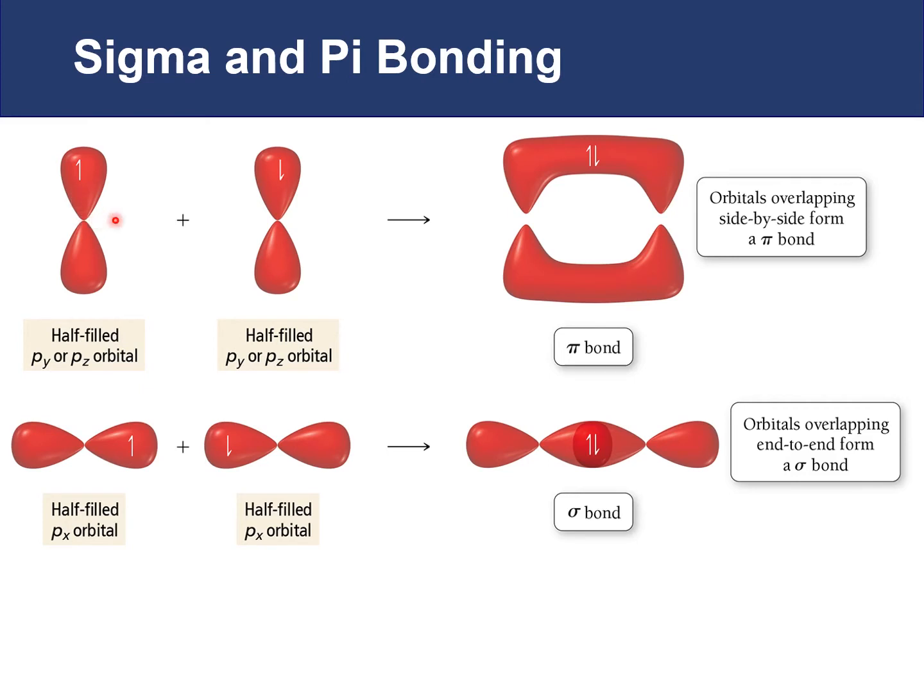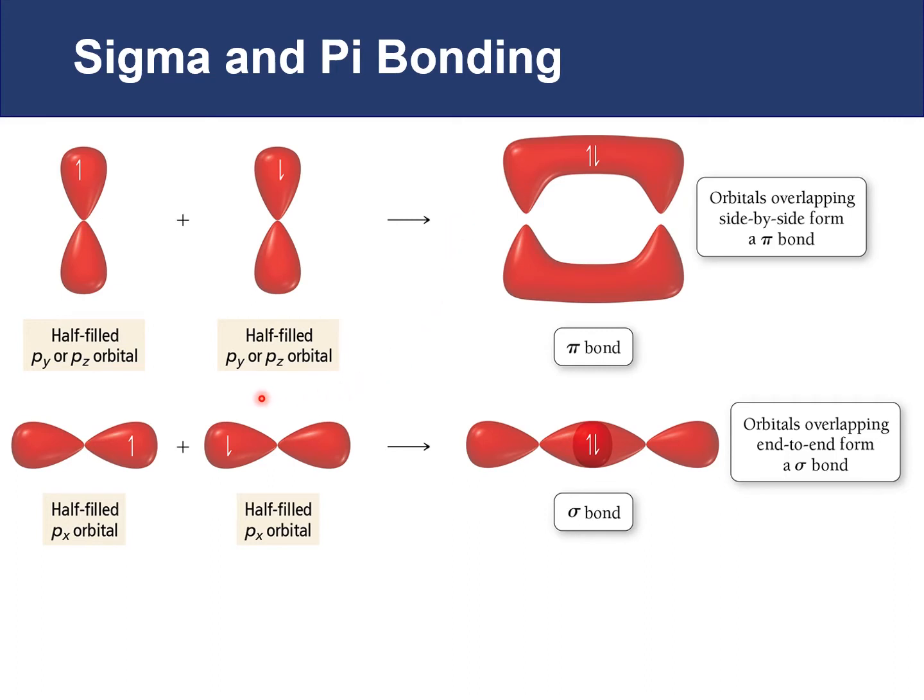There isn't a direct overlap when we move these closer to each other, but instead you have this parallel interaction where the electrons from one get shared with the other, and they form these two lobes, one above and one below the bonding axes. So it's sort of a meshing of the top orbitals and a meshing of the bottom orbitals to get this overall, what we will call a pi bond.